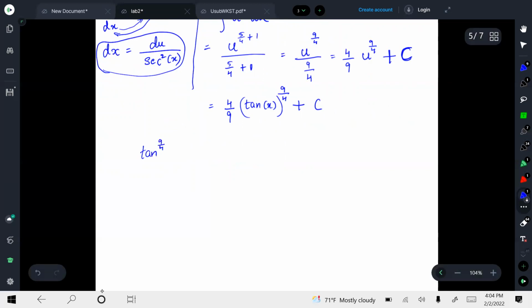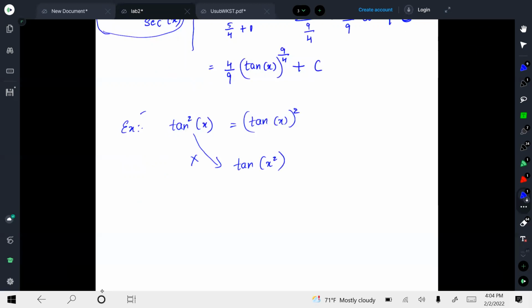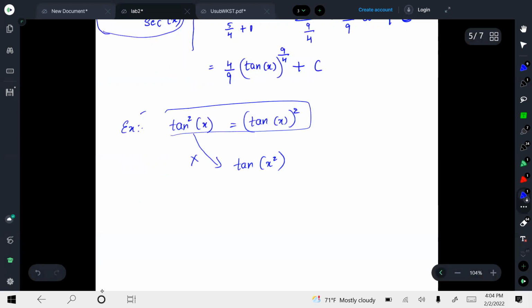So remember, for example, if you have tan square of x, this is nothing but tan of x the whole square. Okay, you can write like this as well, but this is not similar to tan x square. Okay, do not make this mistake. So you can write this in either way, but you cannot write in this way. Okay, so this is completely different.